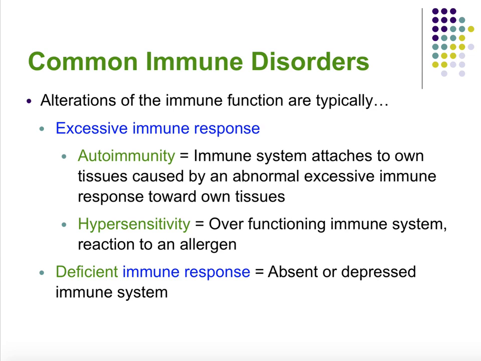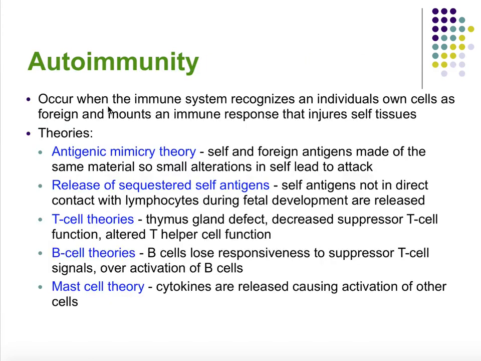So let's talk about each of these, starting with autoimmunity. Autoimmunity occurs when the immune system recognizes one of our own cells as foreign and mounts an immune response against our own cells, causing injury to our own tissues. So why does this happen? Well, there are some theories. The first one listed is the antigenic mimicry theory.